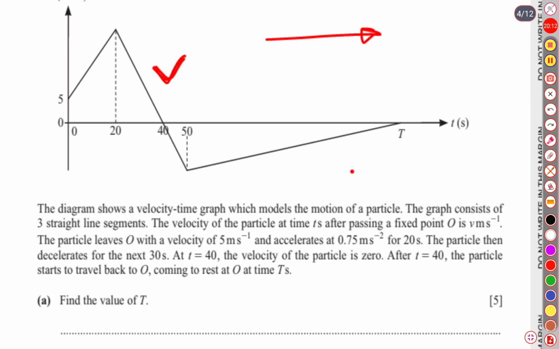It went there and again came back to the same position. So the concept is that the total distance traveled in the first 40 seconds must be equal to the total distance traveled in the rest of the time. Okay, stepwise we are going to solve this.